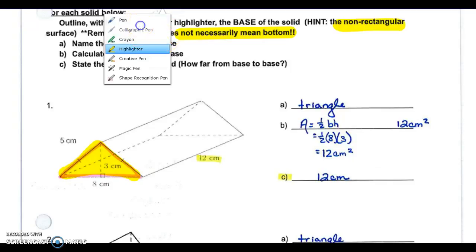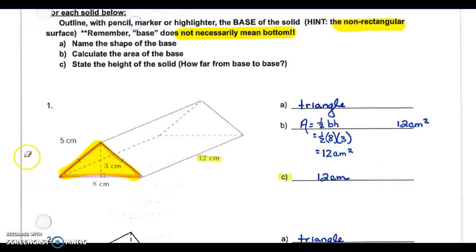But if it was, we would have a triangle here at the bottom, and then a shape going up to the very top, and then the height would be coming here. So if cereal boxes for some reason started becoming triangles instead of rectangles, this is how it would stand, with a triangle sitting on the bottom.